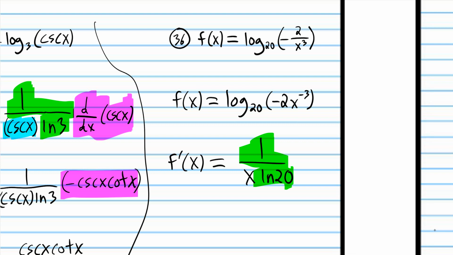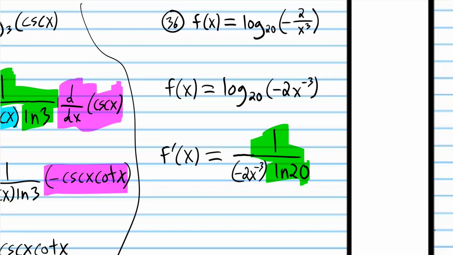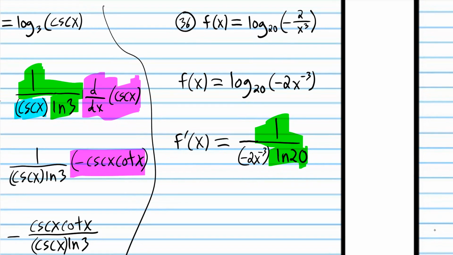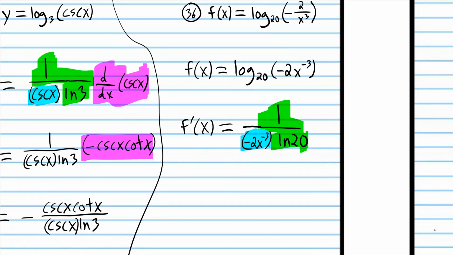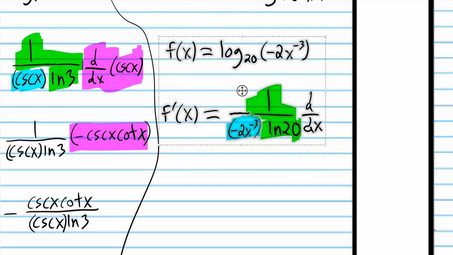So we're going to replace x with the inside function. But again, it doesn't really work that well to explain it that way. You can think of it as plugging the inside function into the outside function, or if you want to, you can think of it as just keeping the inside function. And then, of course, we're going to multiply by the derivative of the inside function. So it's the same 3 steps in the chain rule.